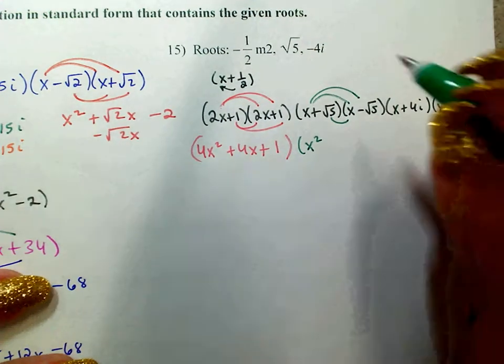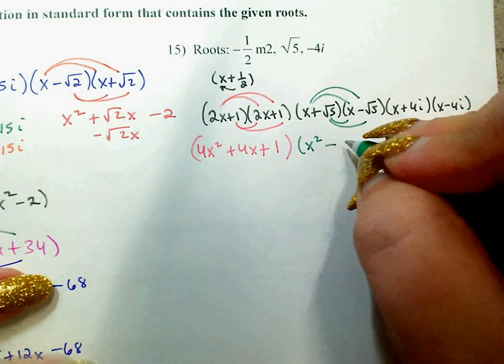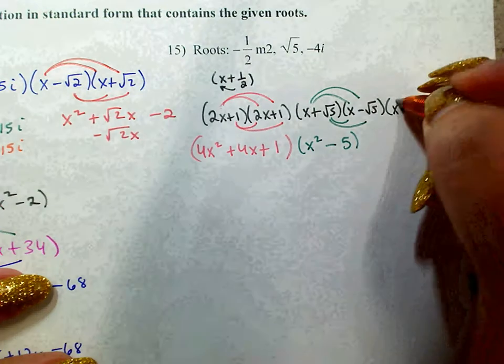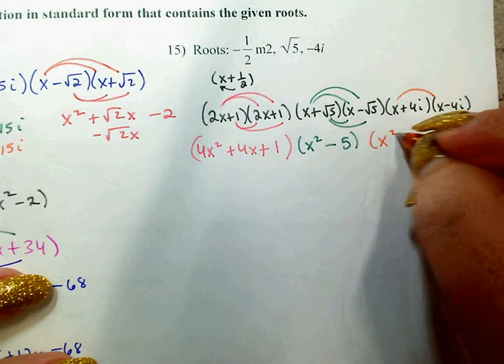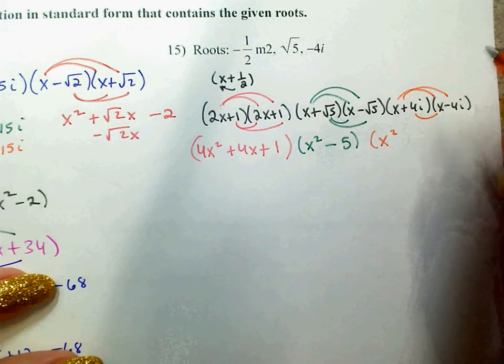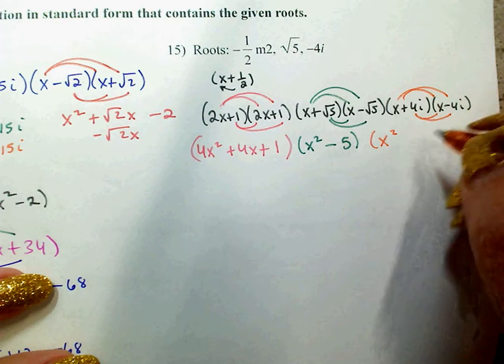And then that times that, square root of 5 times negative square root of 5 is negative square root of 5 squared, or negative 5. This times x is x squared. The middle two terms are going to cancel each other out because they're conjugate pairs. And positive 4i times negative 4i is negative 16i squared, which is positive 16.